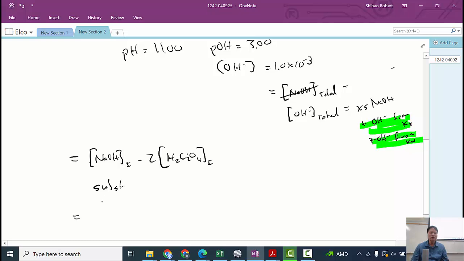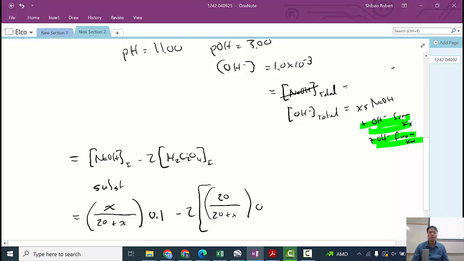The sodium hydroxide initial, we don't know how much we had in there, but it's x over 20 plus x times 0.1, minus 2 times the oxalic acid initial. The oxalic acid initial was 20 over 20 plus x times 0.1.